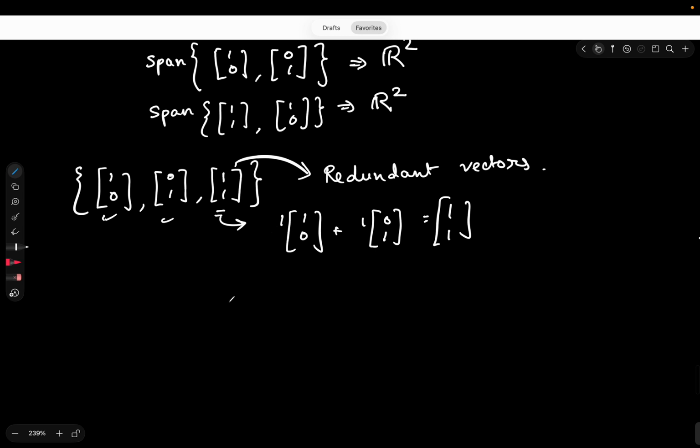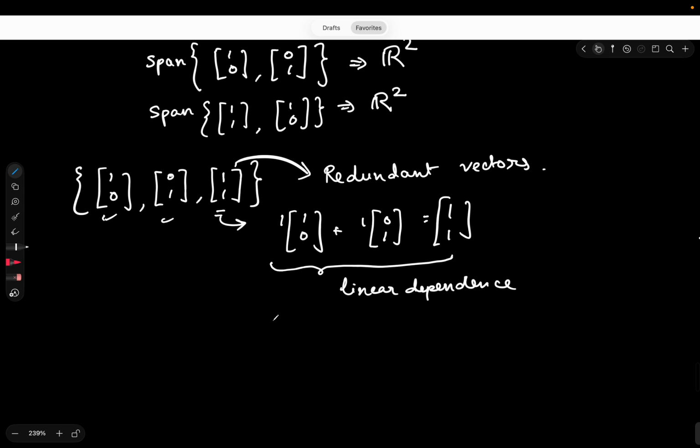And also you will notice an important phenomenon, known as linear dependence, because we can see one thing here: that (1, 1) can be written as some linear function of (1, 0) and (0, 1), basically some alpha into (1, 0) plus some beta into (0, 1), where alpha and beta belong to scalars.